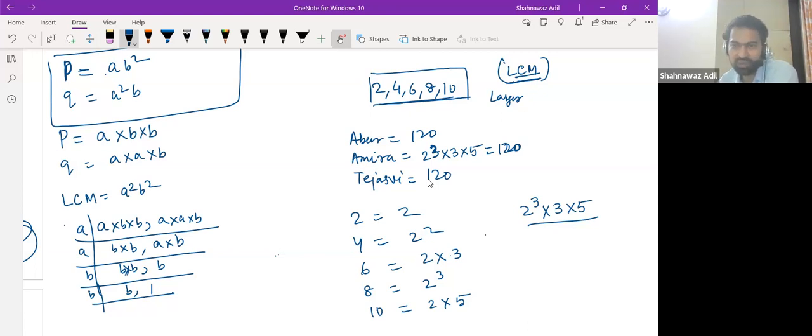If you want to find the larger number, we calculate the LCM, and if we want the smaller number, then we calculate the HCF.